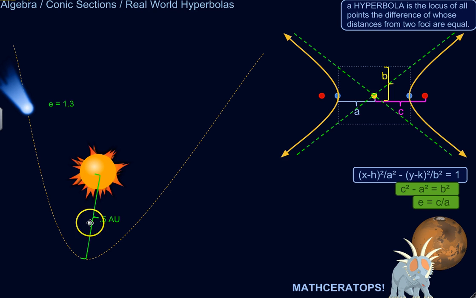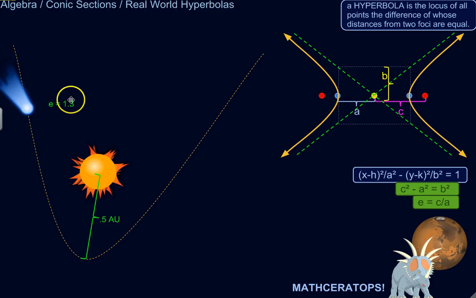The focus of that curve is the sun. And what we have here is the perihelion, which is the shortest distance between the comet and the sun, the closest it gets to the sun. For this comet, it's 0.5 astronomical units, AU. An astronomical unit is defined as the average distance of the Earth to the Sun, roughly 93 million miles.